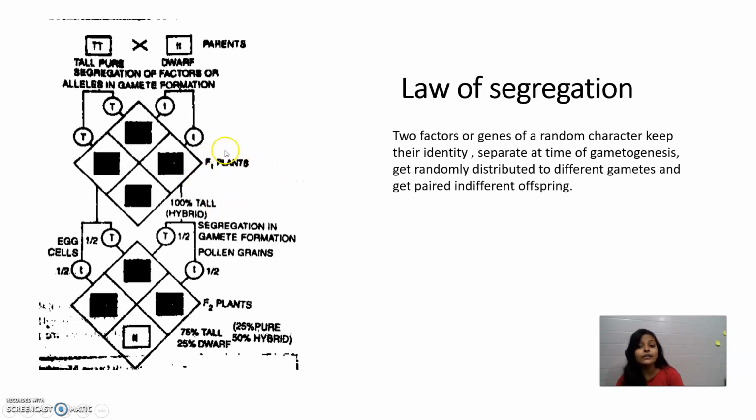Even though they are hybrid tall, they keep the identity of both the alleles, that means the allele for the tall variety and the allele for the dwarf variety. And in the next generation, you can see that the character of dwarfness appears again.